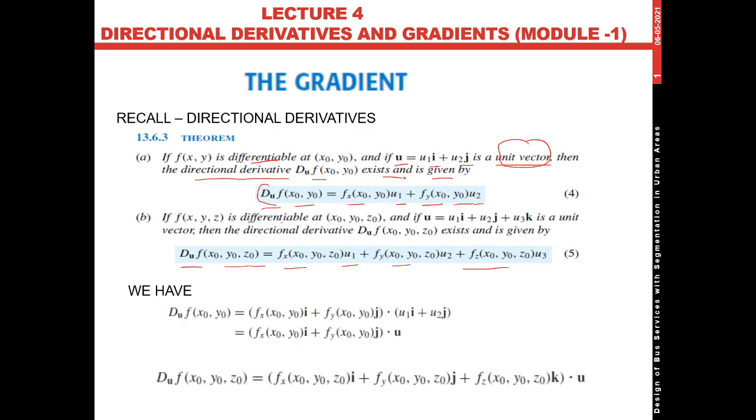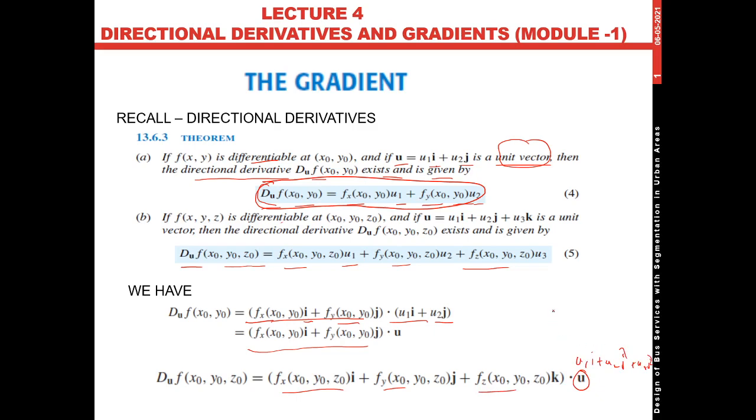So I will discuss what that is. If you check this directional derivative, it is simply the dot product of fx i plus fy j with u1 i plus u2 j. Similarly, in three variables, Du f at (x0, y0, z0) is the dot product of fx i plus fy j plus fz k with u, which is u1 i plus u2 j plus u3 k.